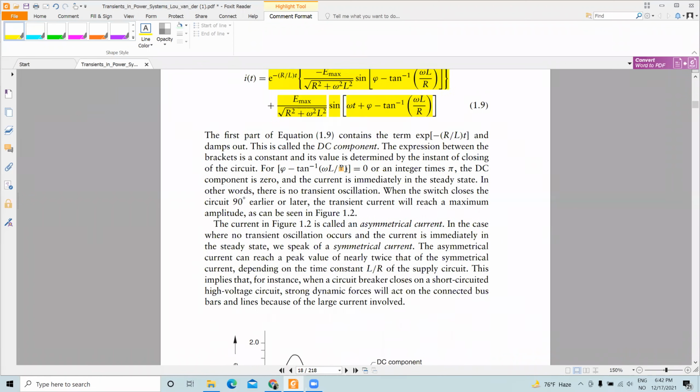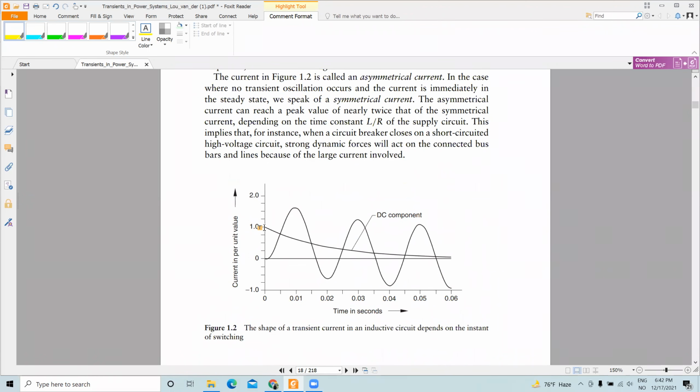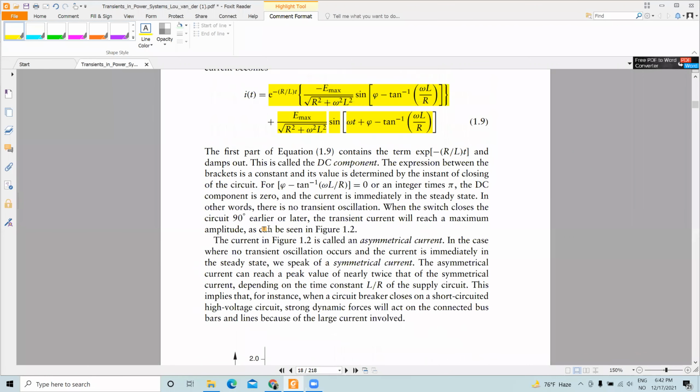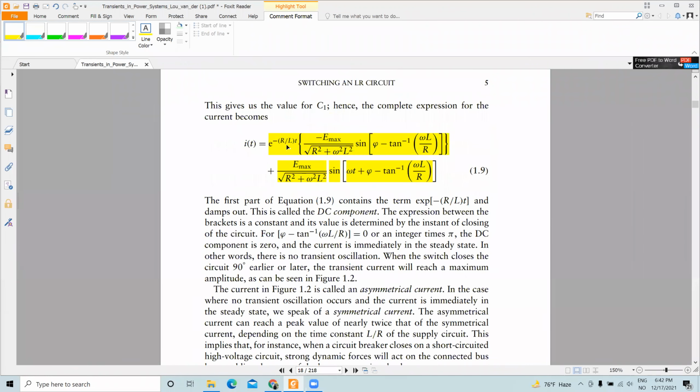This can be the magnitude of the source. So in the beginning, depending on the time when the short circuit is happening, it can go as high as twice the steady state current. So this is what can be seen from here.